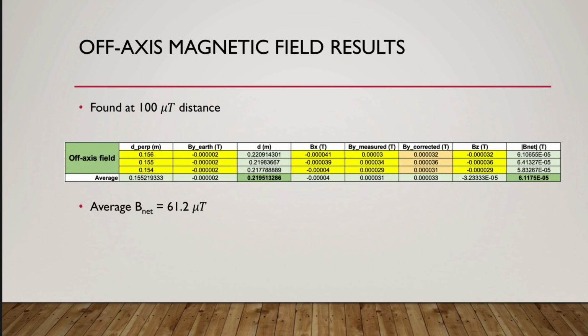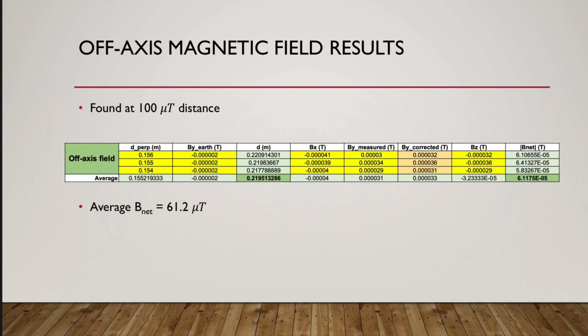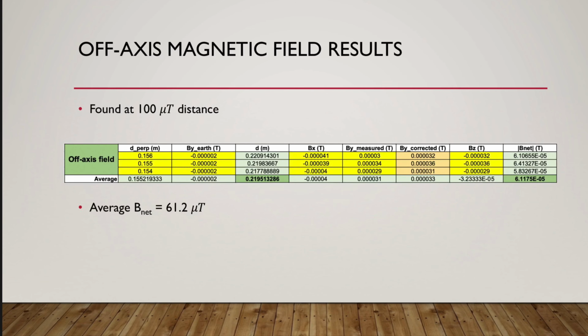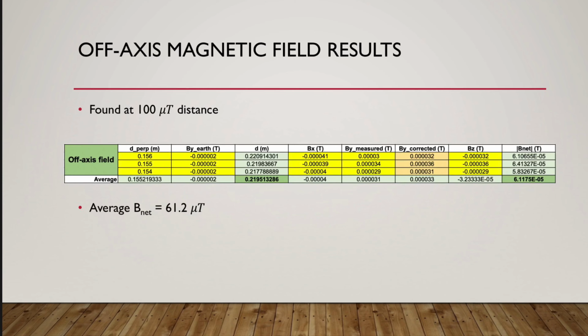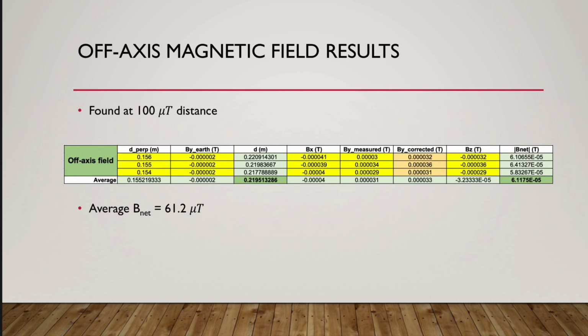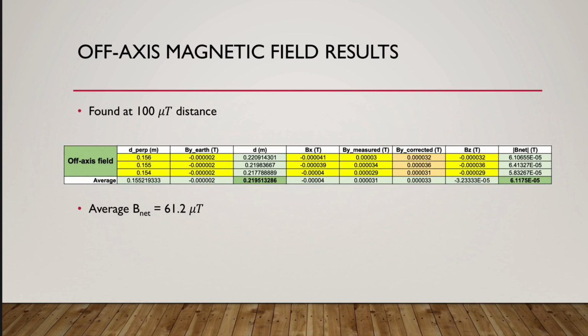The next section of the experiment was to measure the off-axis magnetic field results. This is a measurement of the magnetic field when it is not on one of the x, y, or z axes. To determine this, the measurement in the x direction of 100 microteslas was taken, and that distance was then put out in addition perpendicularly to the east-west axis.